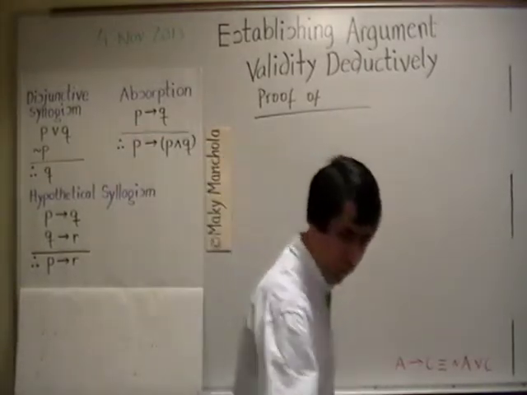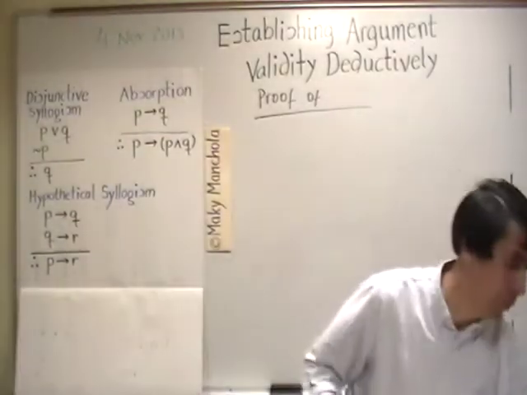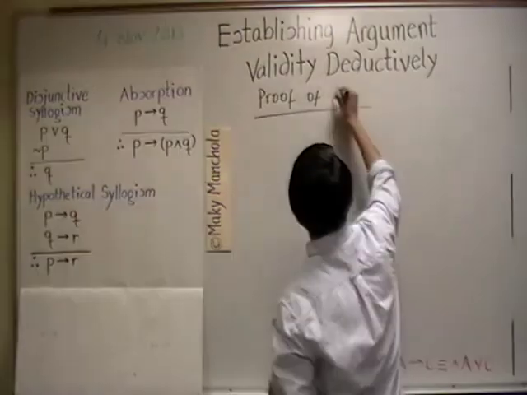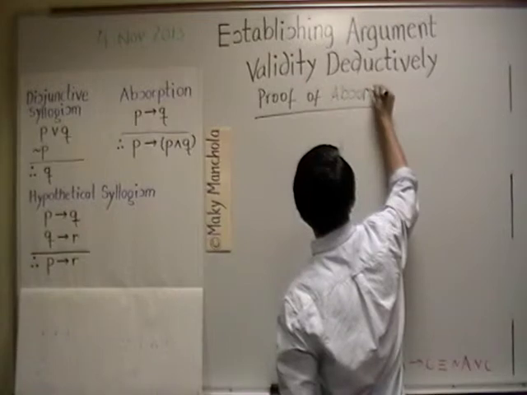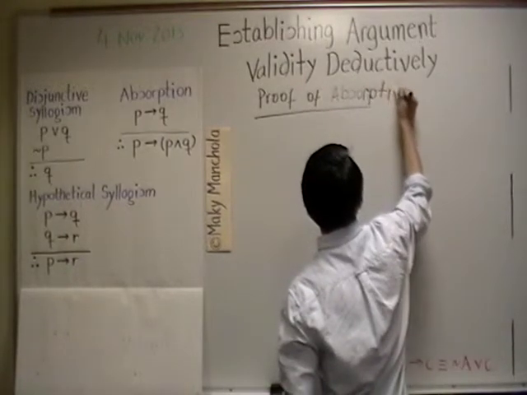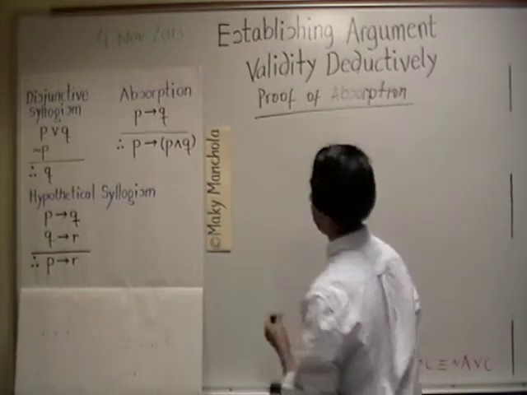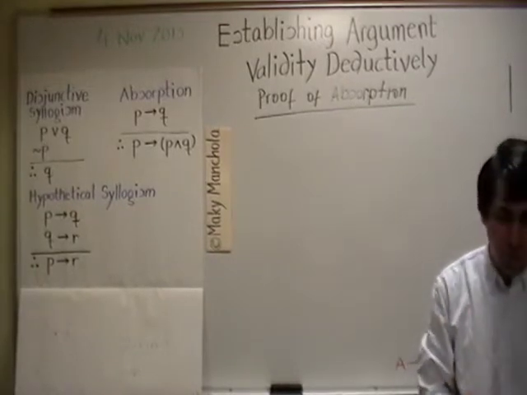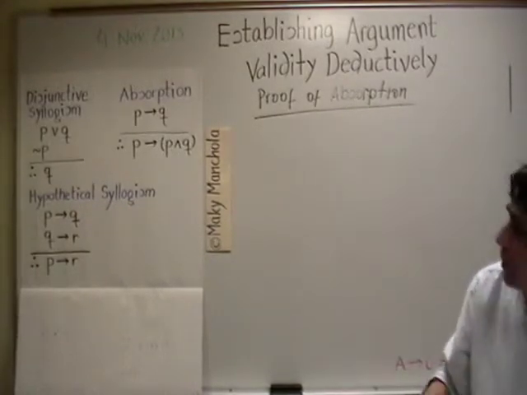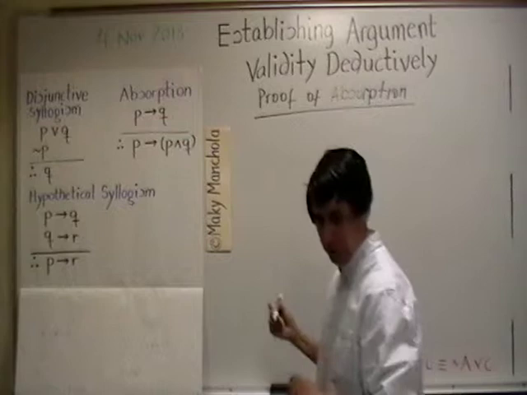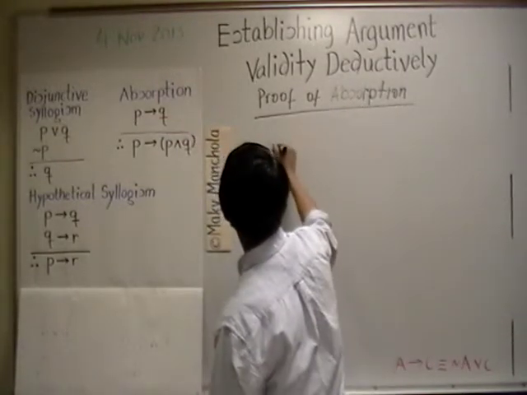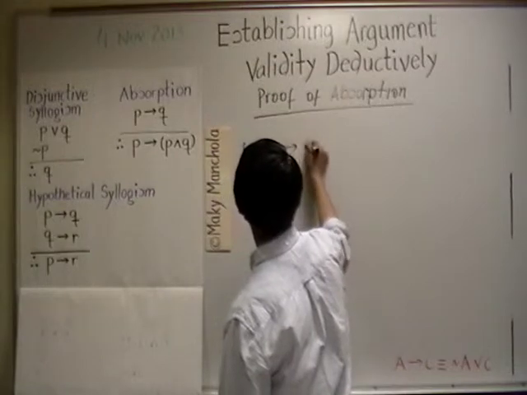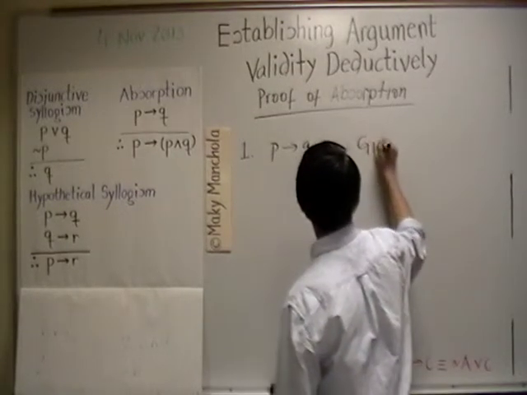Alright, so proof of absorption. Only one premise, so let's write it. Step 1, P implies Q. Let's assert P implies Q, because that's given.